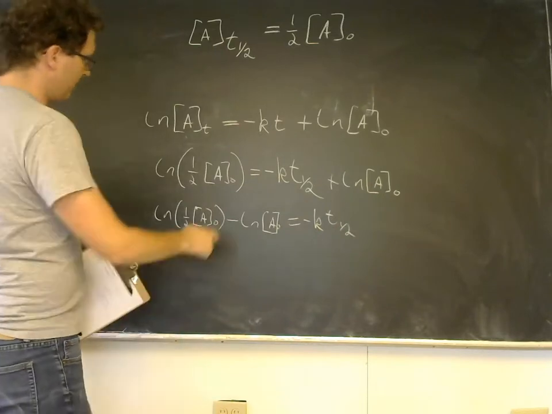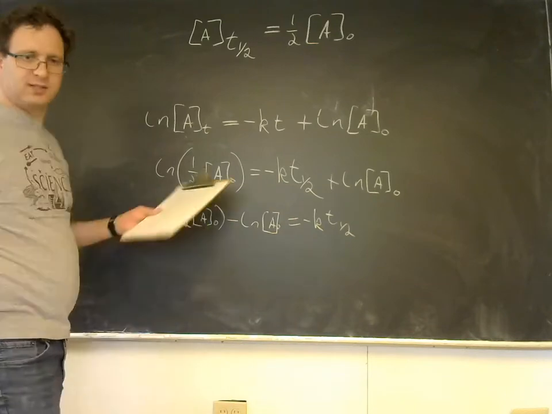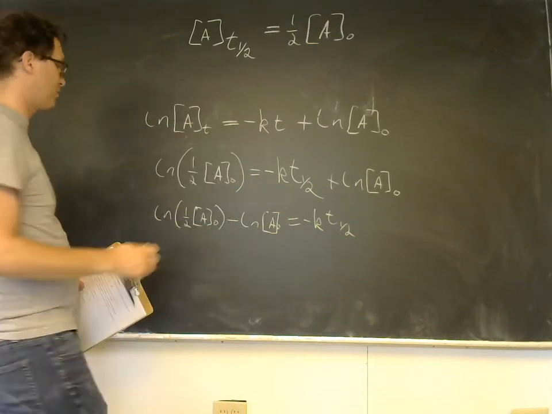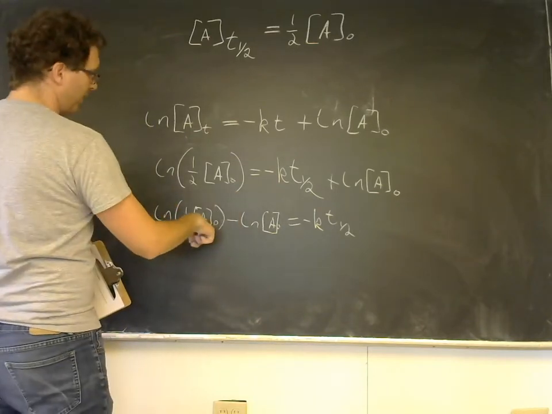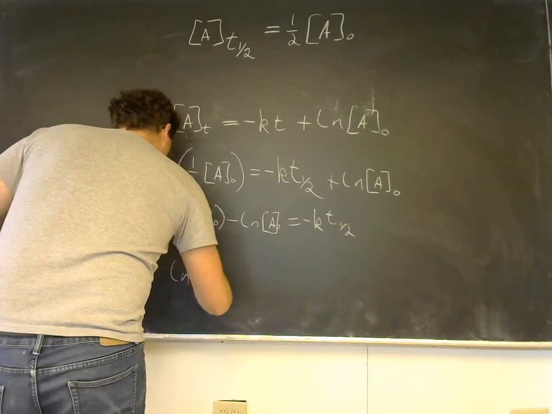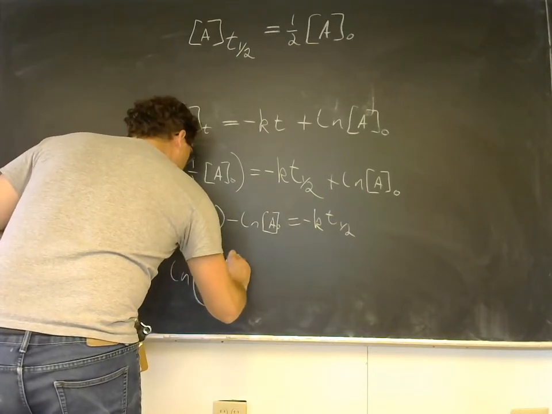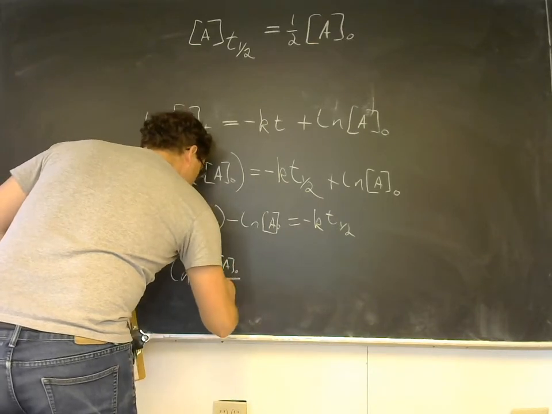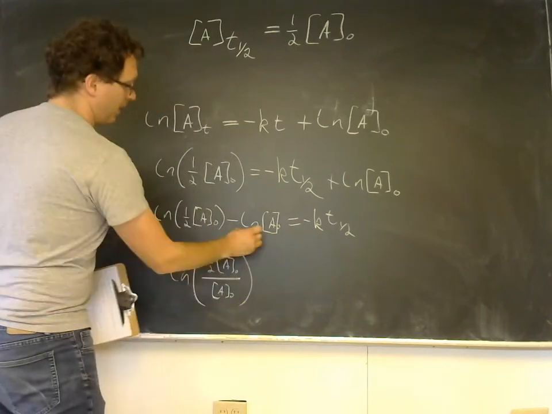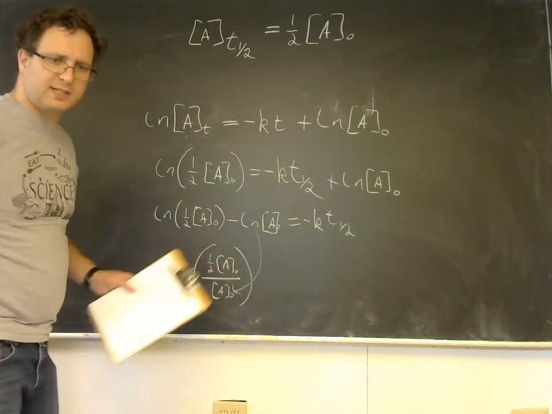Well, if I am subtracting two natural logs, this is just a bit of algebra when it comes to natural logs. That's the same thing as taking their ratio. So this would be the natural log of 1/2 A naught divided by A naught, where this has come down into the denominator. It seems a little crazy, but that's how natural logs work.